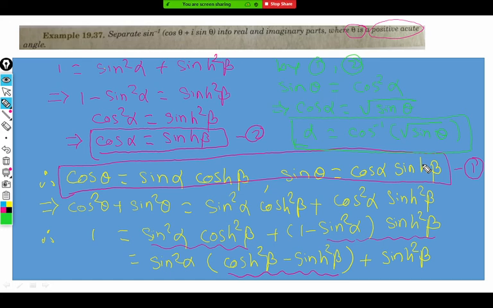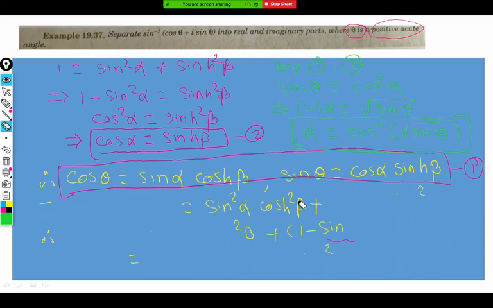I'll write the remaining here. Can I erase a few of the steps there? I'll erase this part. Sir, if we multiply iota in equation 2, then... Which one? Equation 2. Now if we erase, that is also okay.